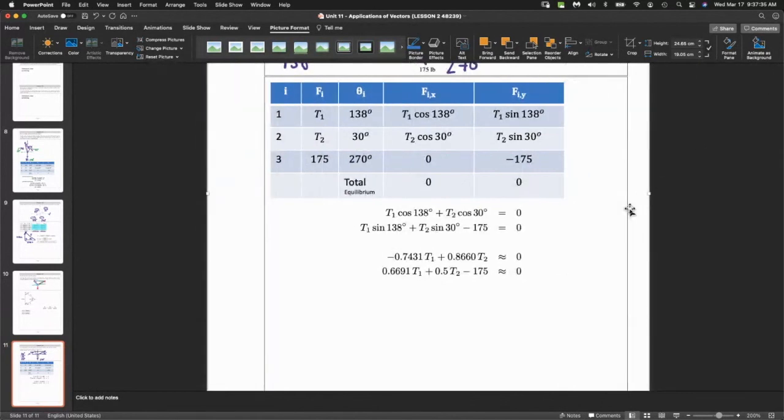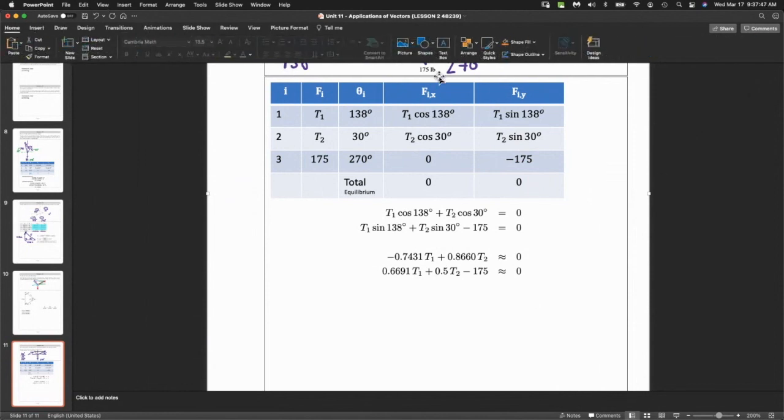You could use substitution, elimination. If it was an assignment, you could use graphing. You could graph these. I'm going to assume that we're writing a test or a quiz, so I'm going to use the method of substitution. So what I did was I solved for T2 in the first equation.